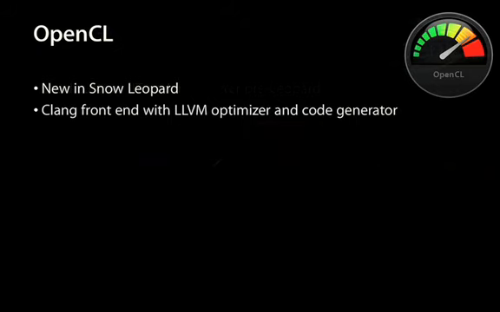The next example is OpenCL. OpenCL is this new technology in Snow Leopard you've heard a lot about. If you boil it down, it's a new way for you to write C programs to tap into the computation power not only of your CPUs, but of your GPU as well. This is a very powerful way of programming. Of course, to support this, you need a number of interesting technologies.